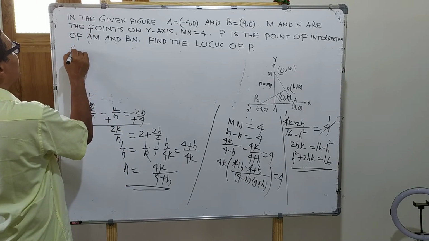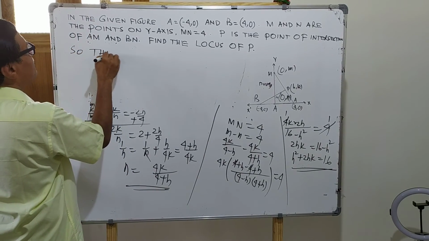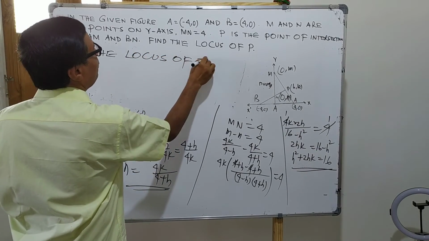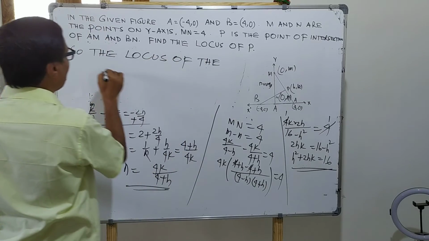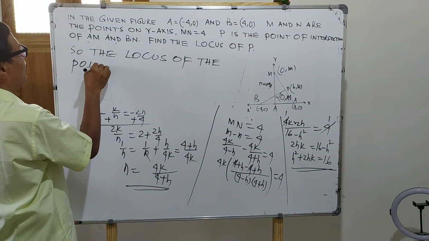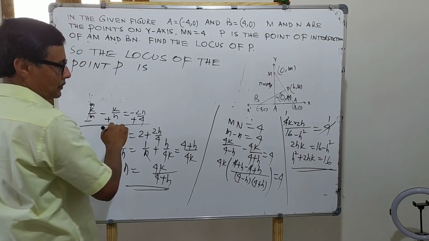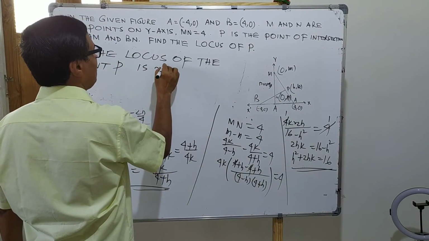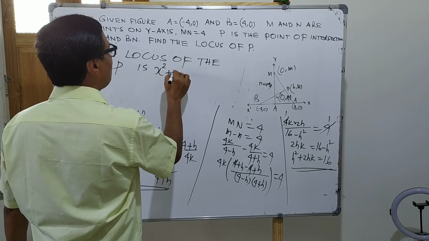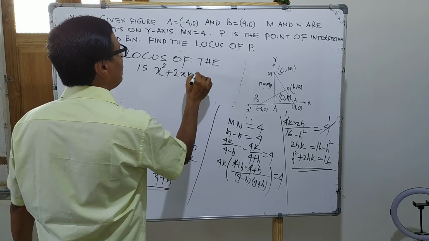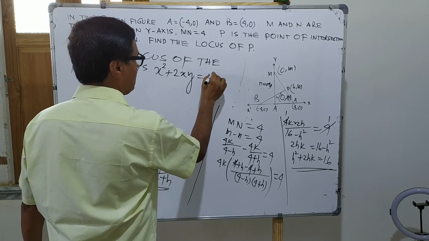So the locus of the point P is x square plus 2xy equal to 16.